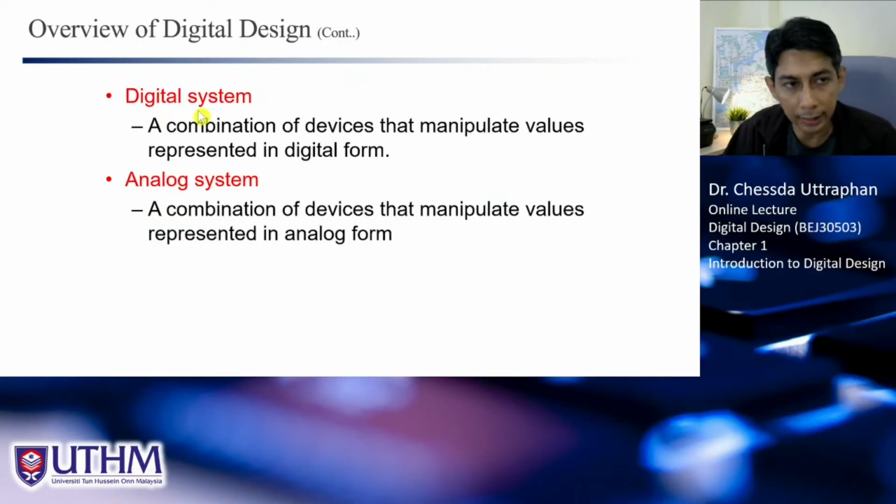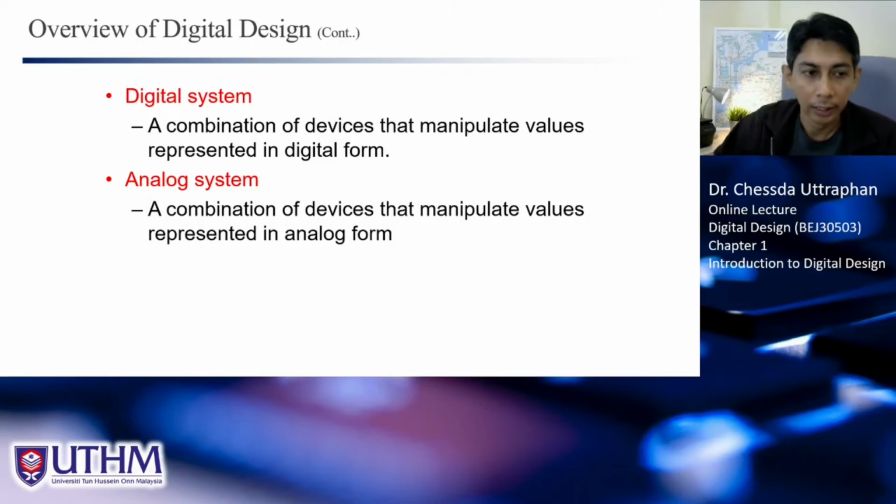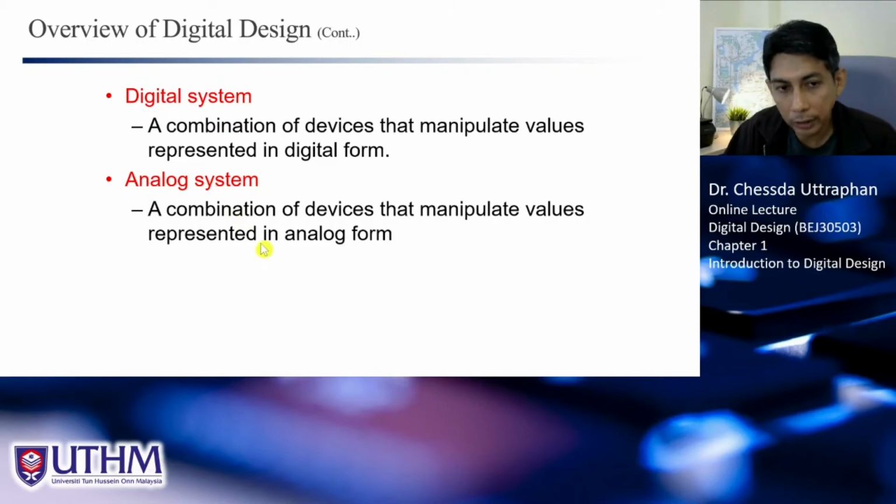Now, what is digital system? Digital system is a circuit or a system that is used to process or manipulate the digital value. That's it. And analog system is, of course, a device or circuit that is used to manipulate or process the analog signal. So that is the difference between digital system and analog system.